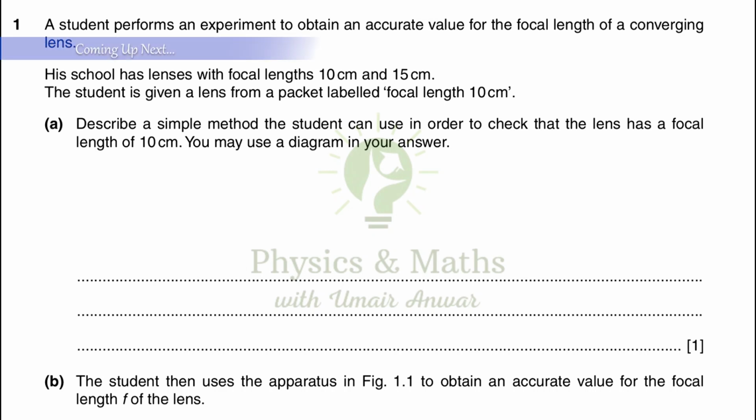Describe a simple method the student can use in order to check that the lens has a focal length of 10 centimeter. You may use a diagram in your answer. Rays of light coming from distant objects, and then place the screen at 10 centimeter to check whether the focused image of the rays is obtained or not.